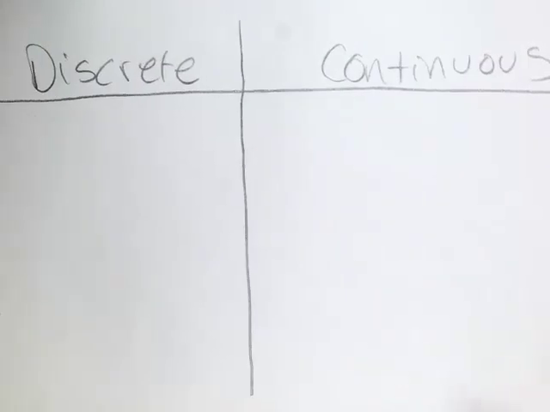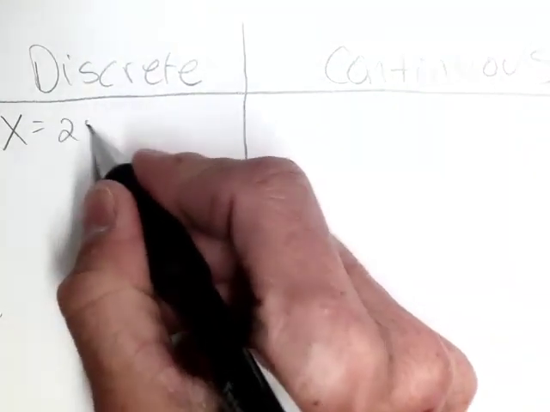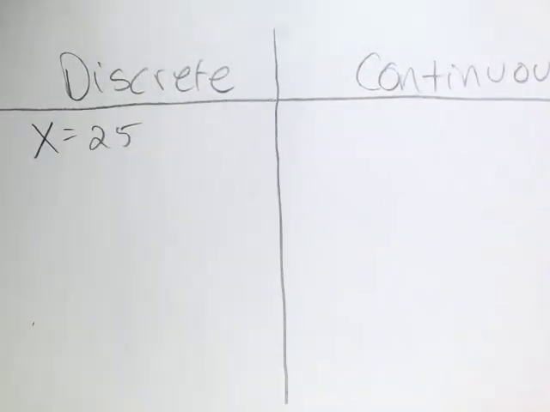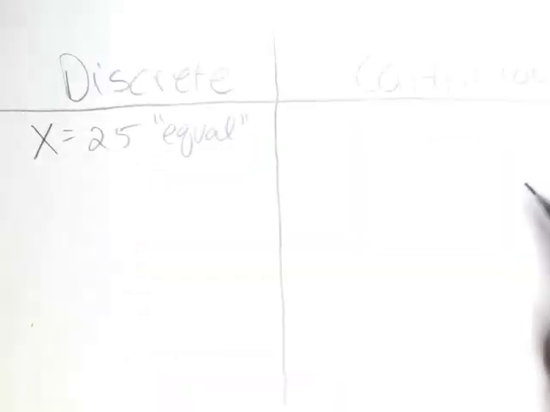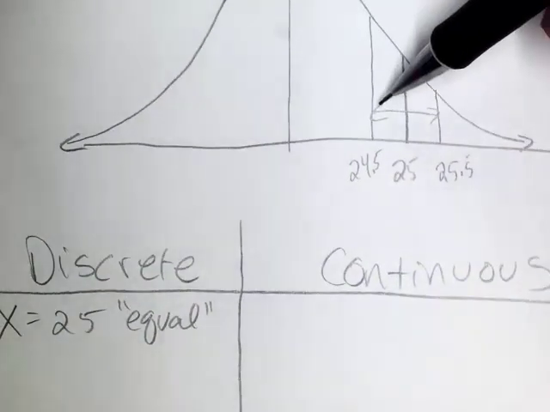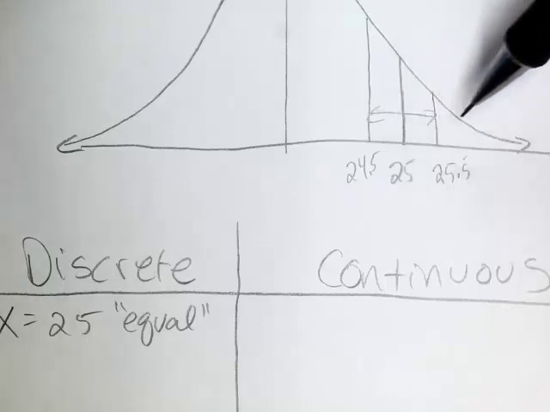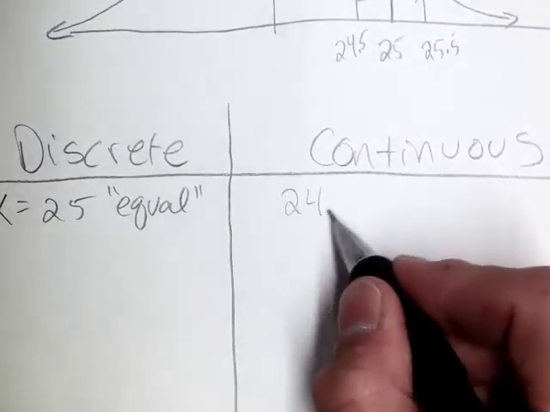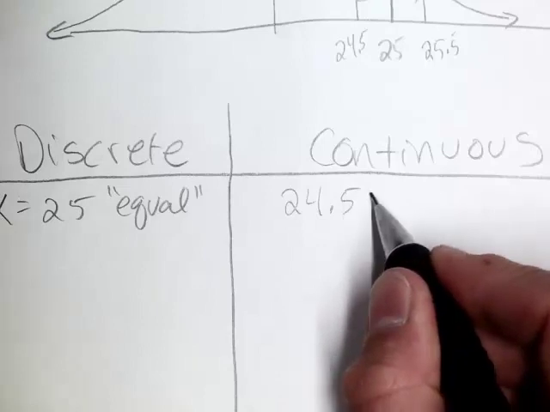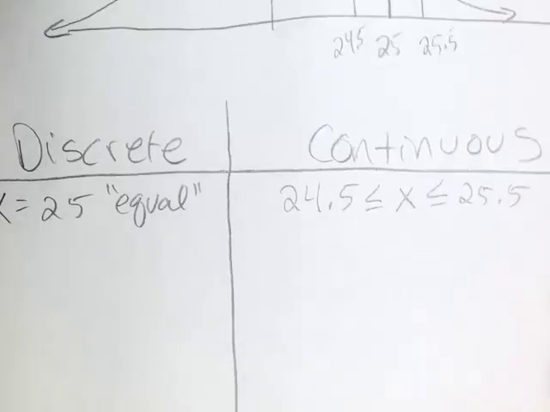All right, so if x is equal to 25, the case of equality, what that means is I want to find the area in the continuous case between 24.5 and 25.5. So in the continuous case, that can be represented as this inequality: 24.5 is less than or equal to x is less than or equal to 25.5.